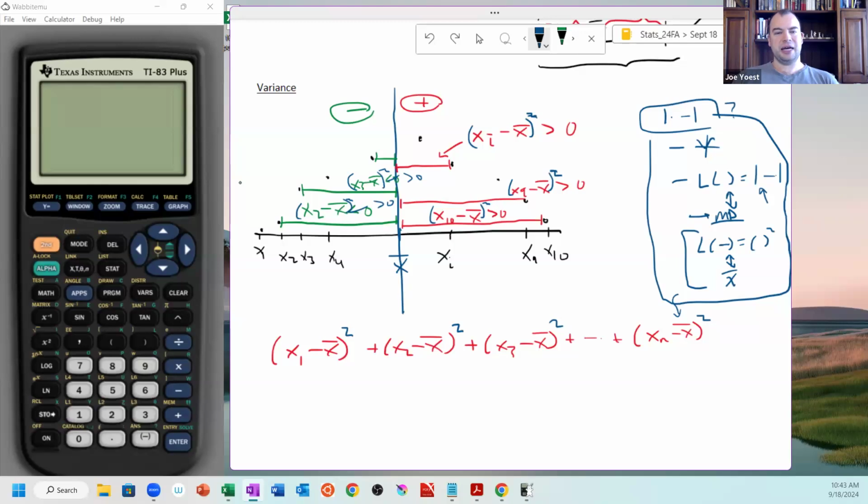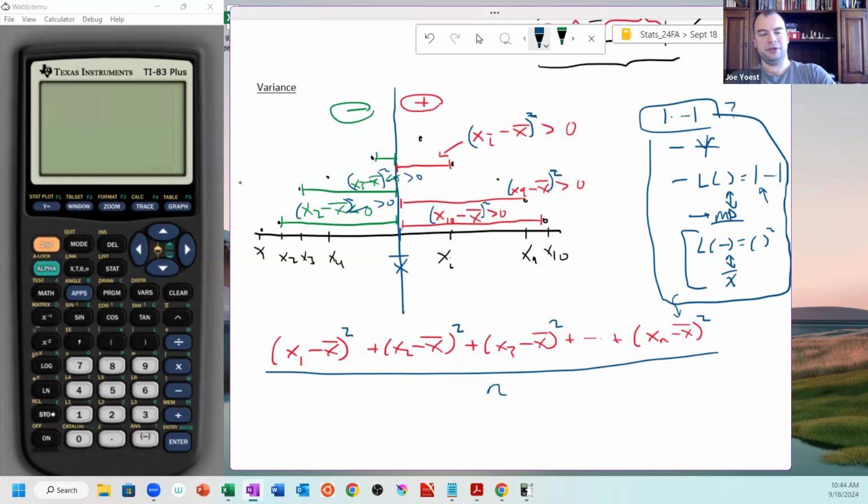So because I'm adding together n positive, or potentially zero but essentially always positive, things, the larger the sample I take, the larger the output would be. So this would be as much a measure of the size of the sample as it is a measure of the inherent variation in the population. So what do I want to do? Well, I want to scale out the size of the sample. So I'm looking for the average square deviation from the mean.